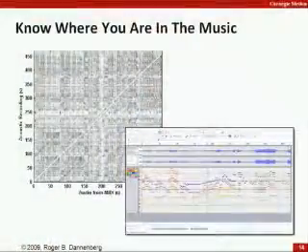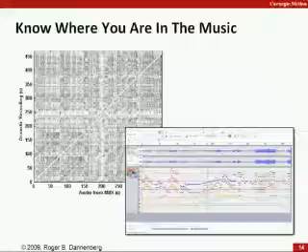So phase is really critical, and not very well understood and not very well studied, but so there's a whole set of problems there. And then there's dynamics, how loud you play, and expression, which is kind of everything else. So let's talk about some of these problems.